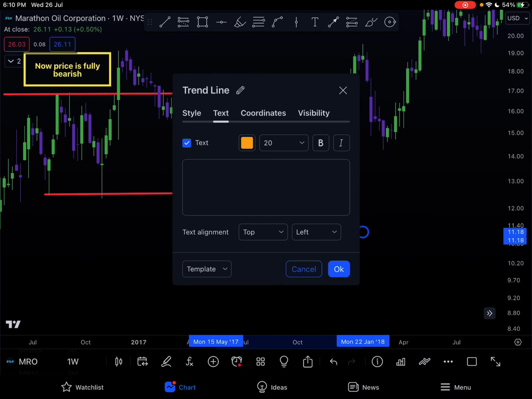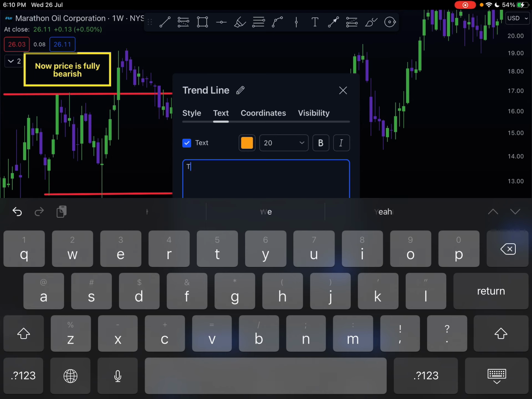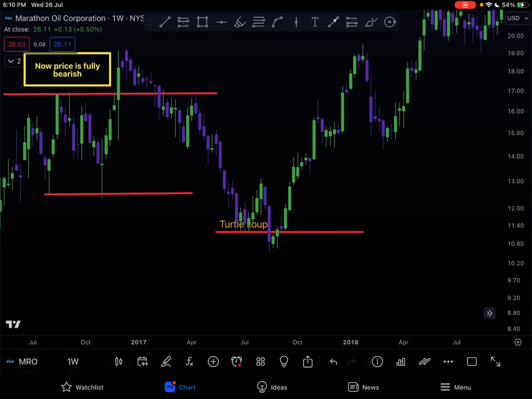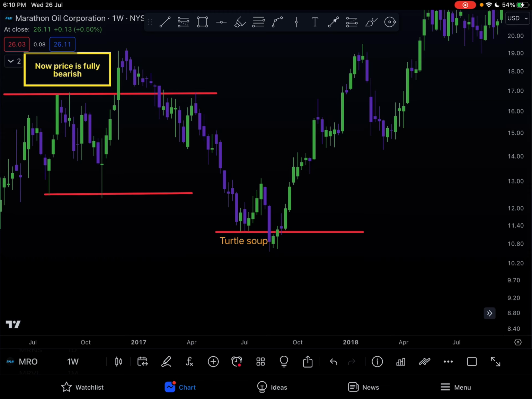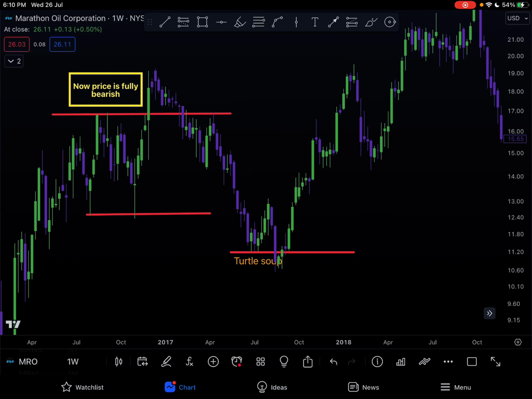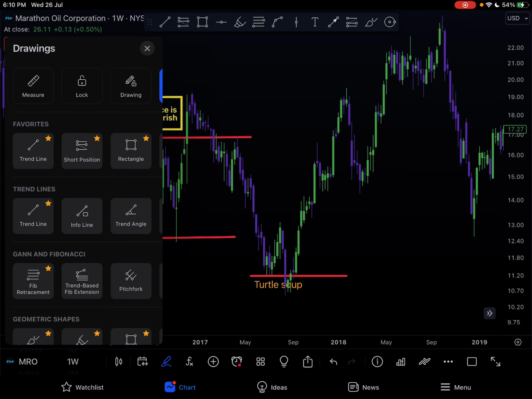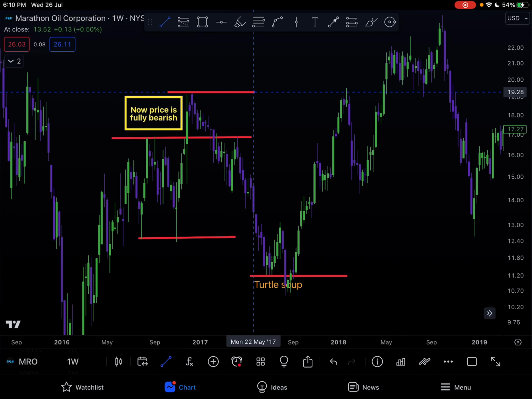Violated. I'm telling you, man, this is never ending. Turtle soup from the bottom and target what? Does it get hit? It sure does.